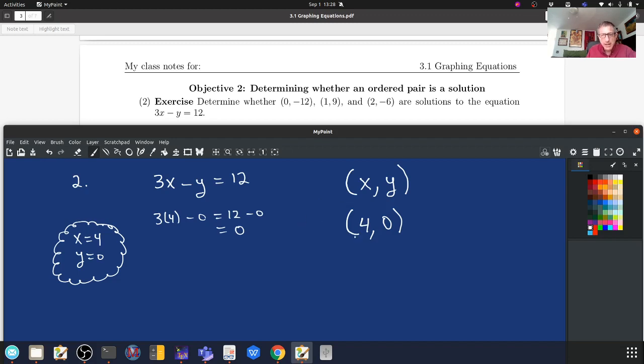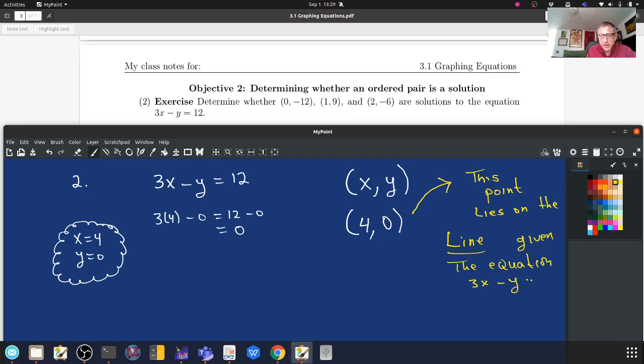So we say the ordered pair satisfies the equation, but the new thing that we've been given by introducing the Cartesian plane is we can say this point lies on the line given by the equation three x minus y is equal to 12.